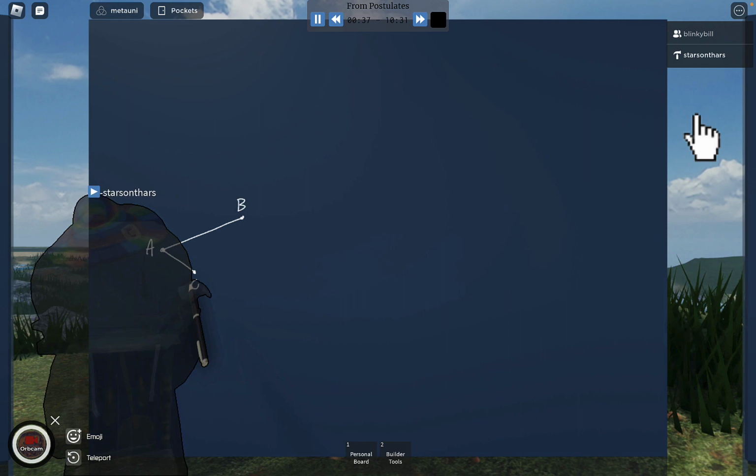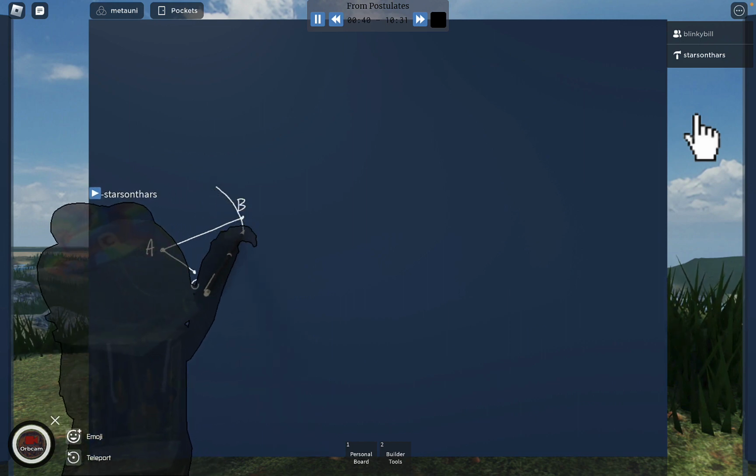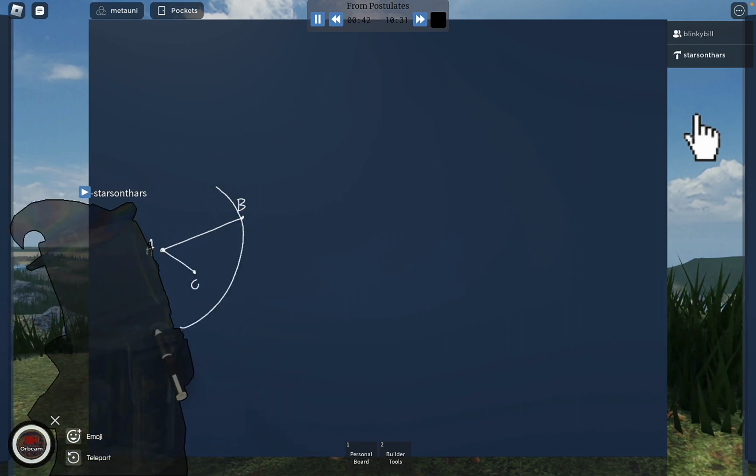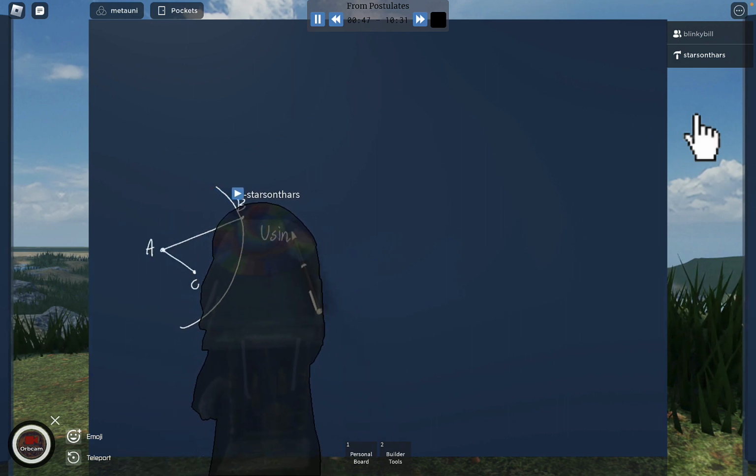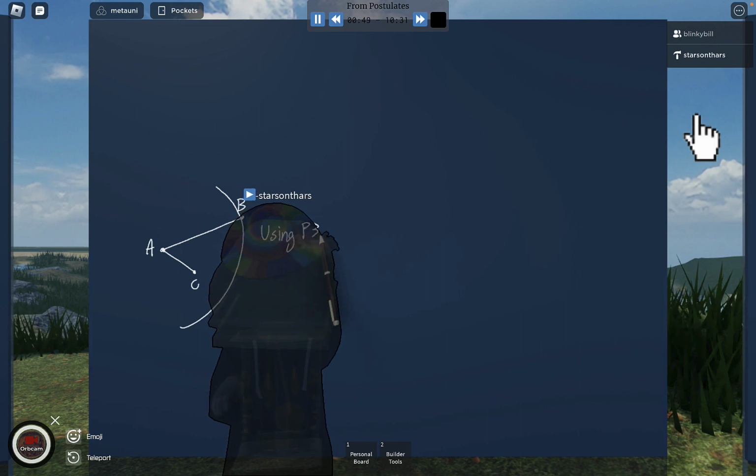We use postulate 3 to draw a circle. So using postulate 3, I'll just write P3, draw a circle.